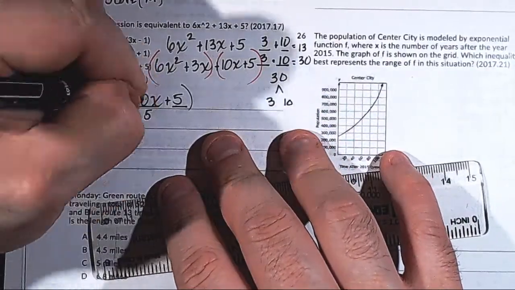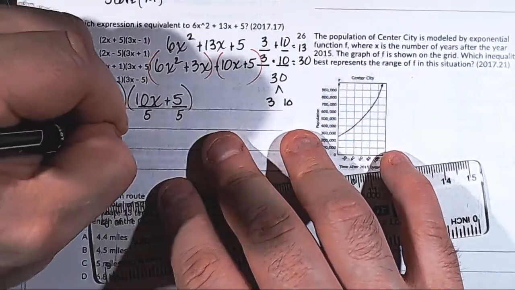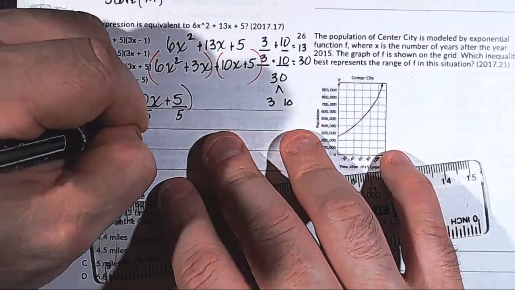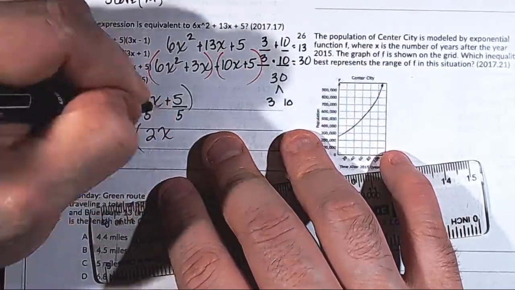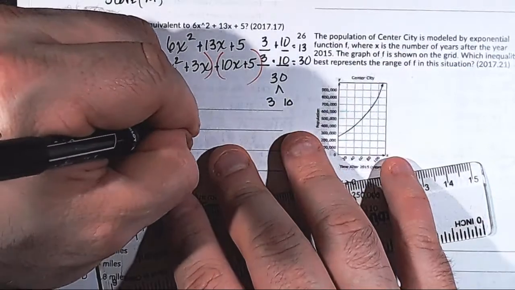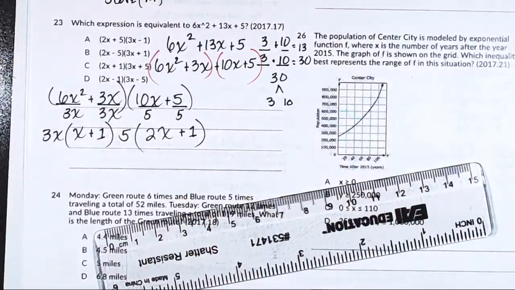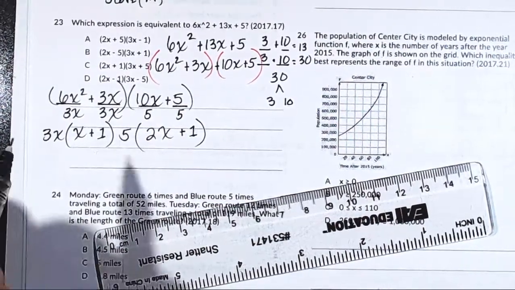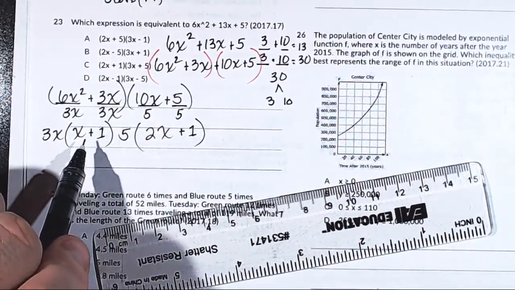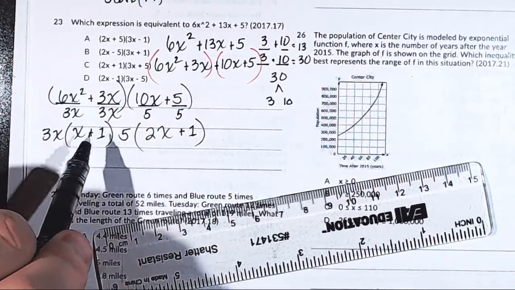And that would be 5. Okay, so I've got 5, open paren, 2x plus 1. And that is a problem. It is a problem because I don't have the same number inside the parentheses.